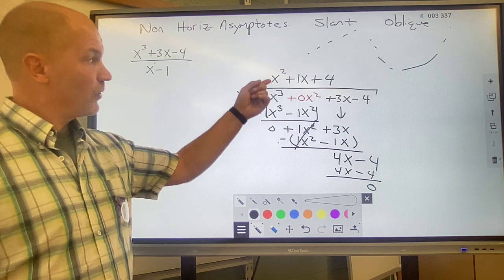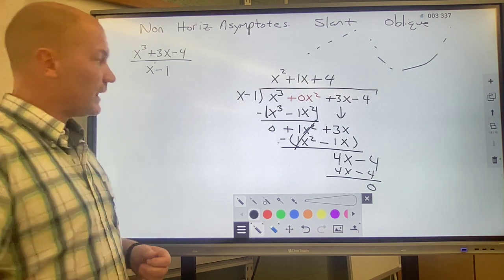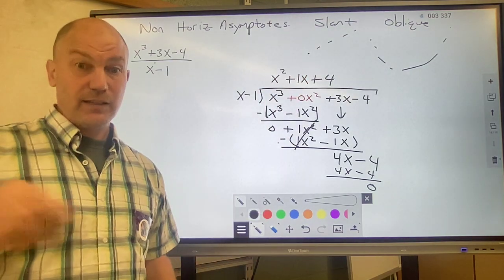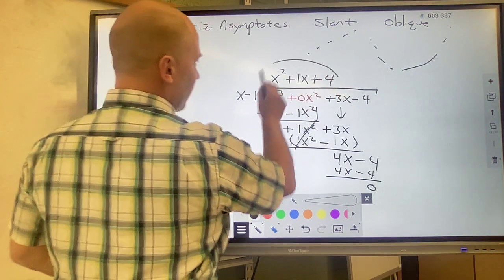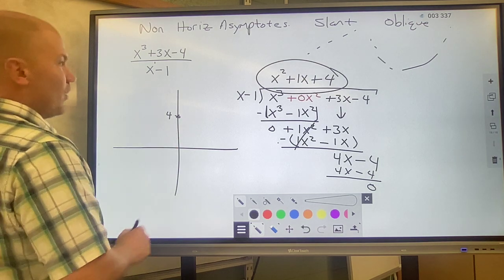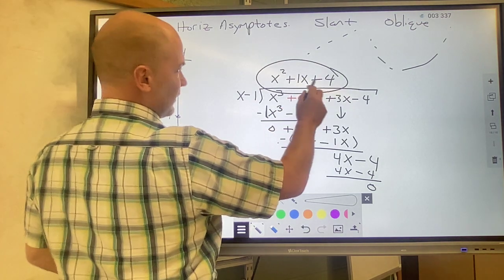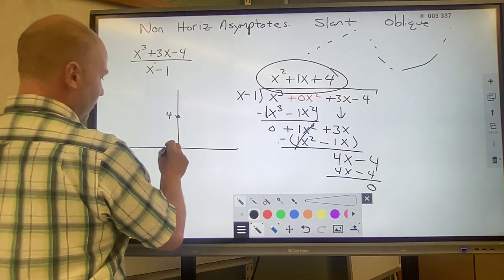So this quadratic, x squared plus 1x plus 4, is our, what do they call it, our oblique asymptote. So if we were graphing this, we could graph that very specifically. It has a y-intercept of 4. The vertex is at negative b over 2a, which is at negative 1/2.